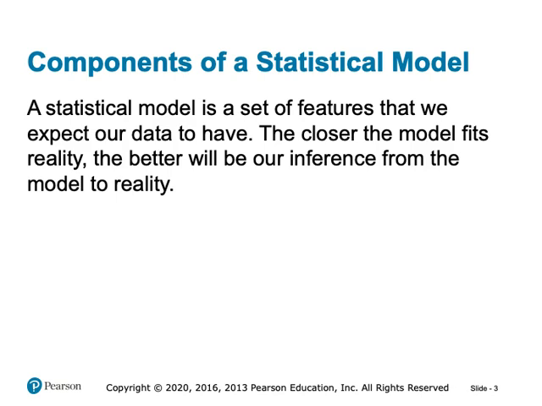The key to a successful statistical analysis lies in how well our model fits the reality it aims to represent. The closer our model aligns with the actual data, the more accurate and reliable our inferences will be when we apply the model to make predictions or draw conclusions. In this context, the purpose of building a statistical model is not just to describe the data we have, but to make meaningful inferences from it.